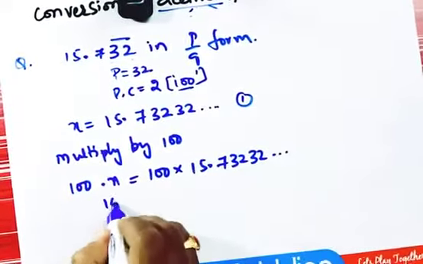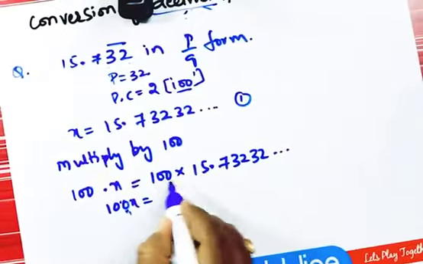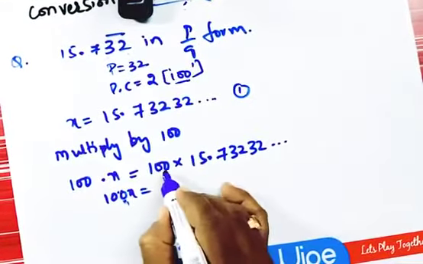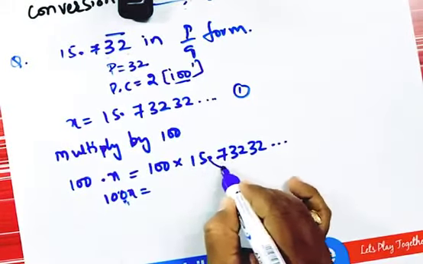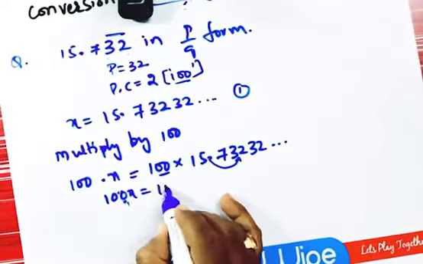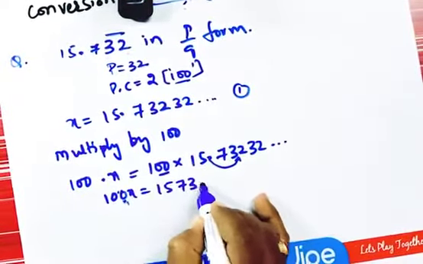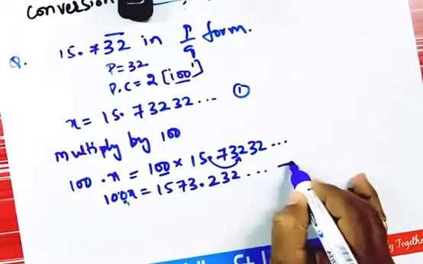You will get 100x. When you multiply the decimal number with 100, you should move the point 2 places to the right, because of 2 zeros. So you will get 1573.232, and so on. This is the second expression.